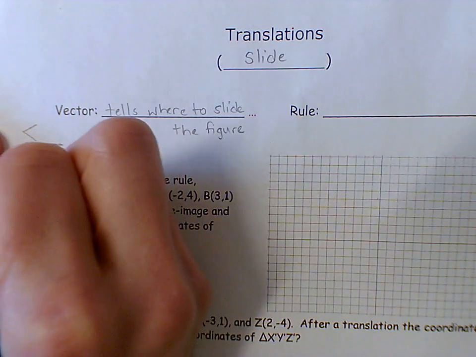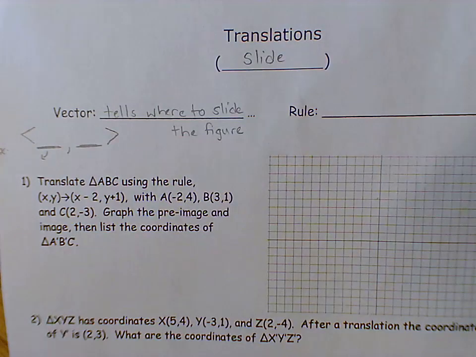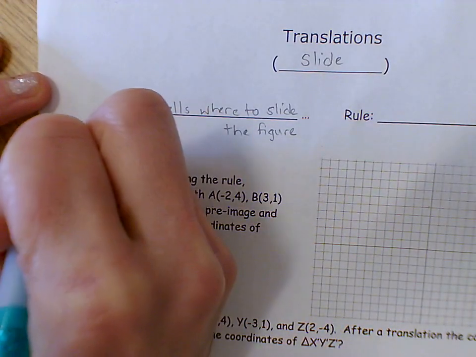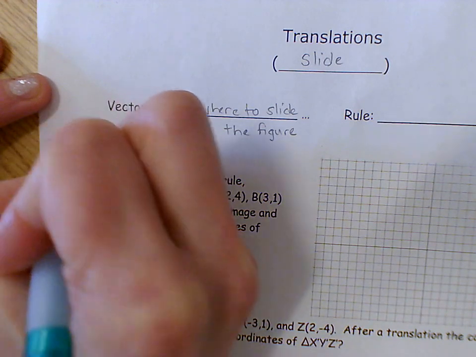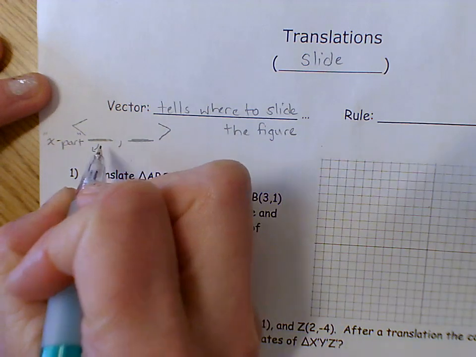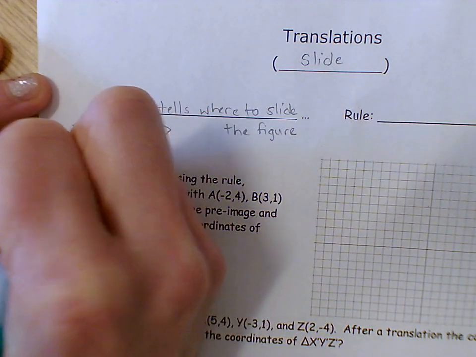This first part, I call it kind of like the X part of it, because if you think of it like a coordinate, it's where your X value would be, and that's going to help you remember that it goes left and right. So what that number tells you is how far to slide that figure, left or right.